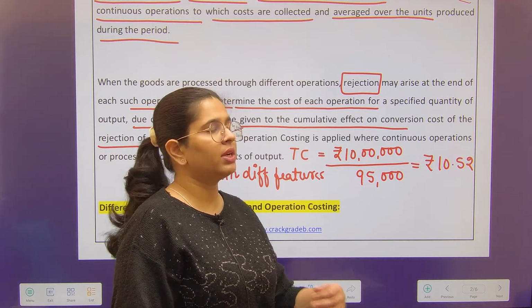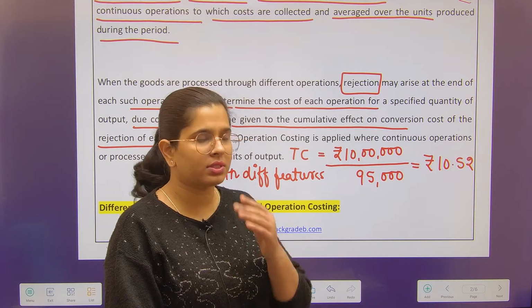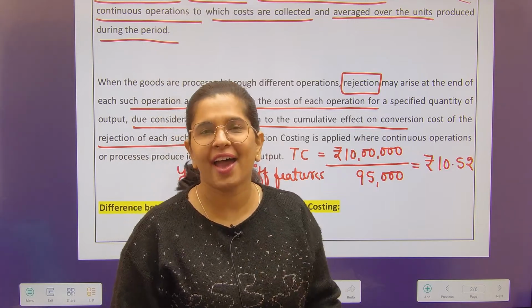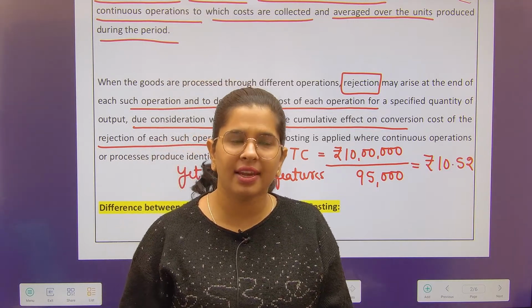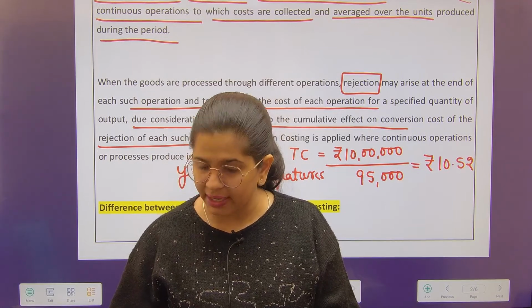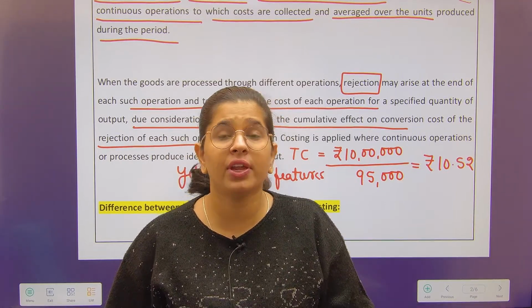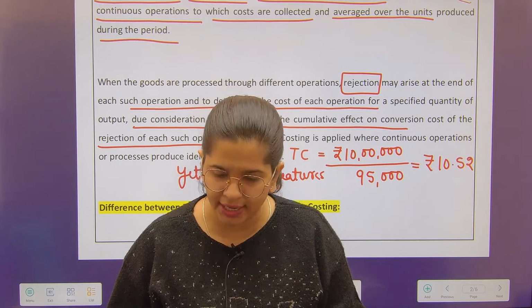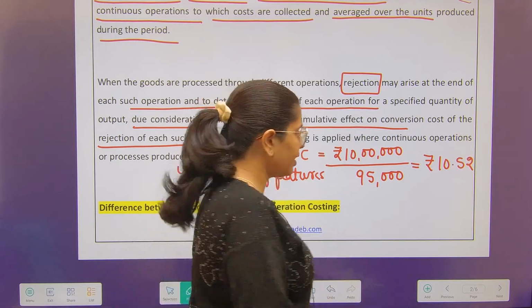Now we will see what is the difference between the process costing and operation costing. Although I have explained you this a little bit, now we will read about it in the theoretical language. Now let's focus on that.